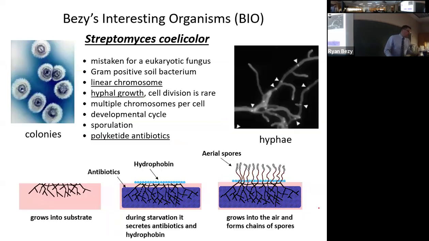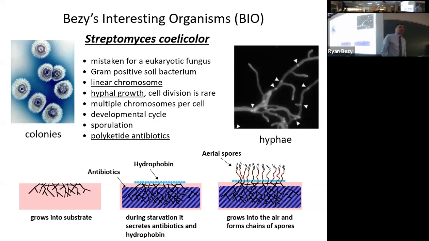All right. This leads me to an interesting organism for you, Streptomyces coelicolor. This was for a long time mistaken for a eukaryotic fungus. This is it growing on a plate. It has the fuzzy colonies. Usually, if you're seeing fuzzies on a plate, it's a fungus. Not always, though. There are some bacteria that look like this on the plate, and Streptomyces is an example of that.